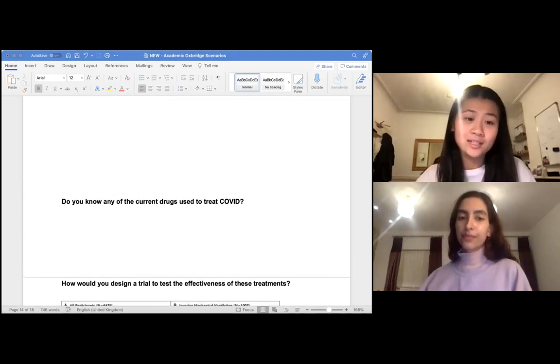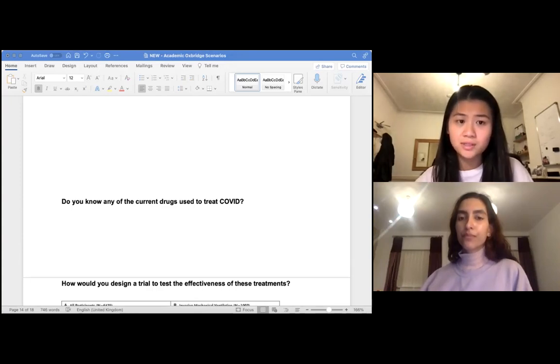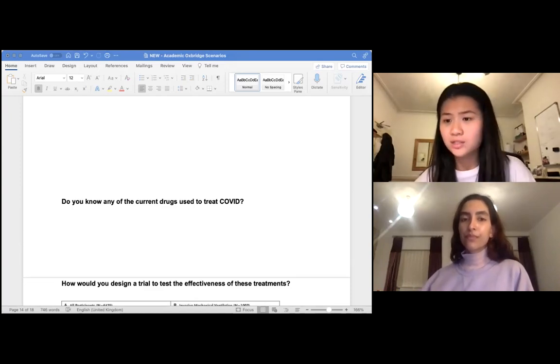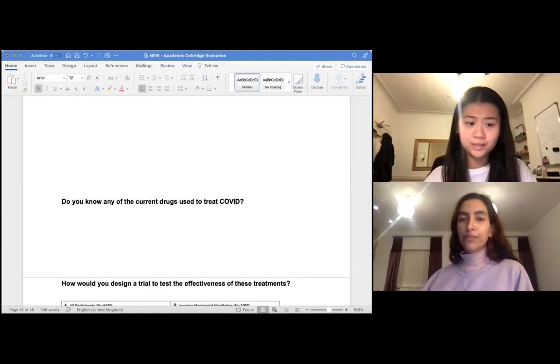Firstly, I would randomize it in order to minimize any allocation biases and to allow equal distribution, as well as doing a blind trial so that the participants don't know what they'll be getting. And also I'd make it double blind so that there's no bias involved.